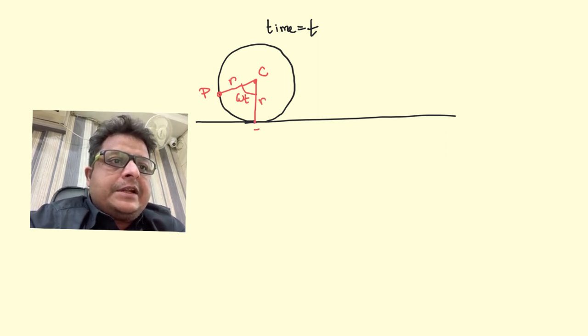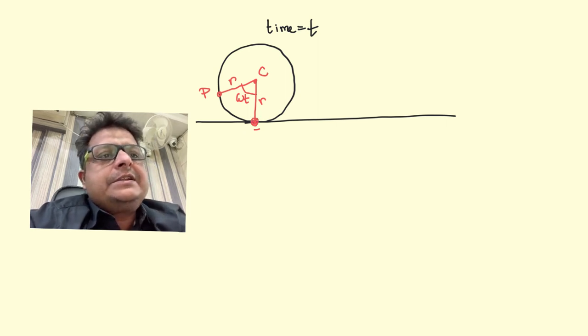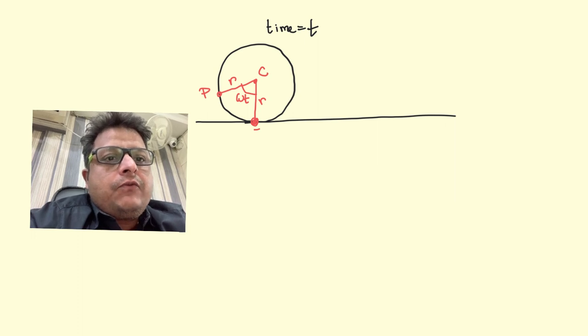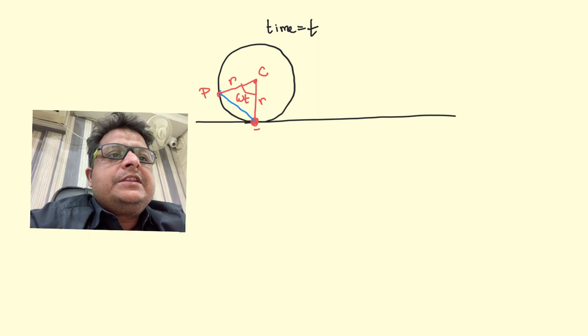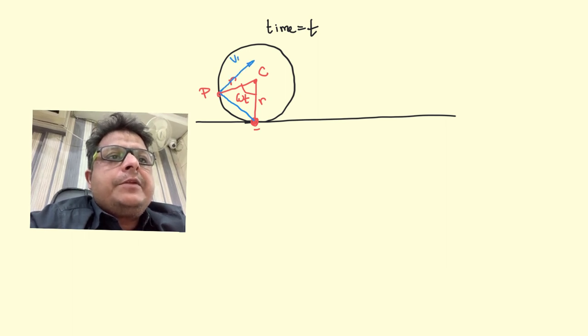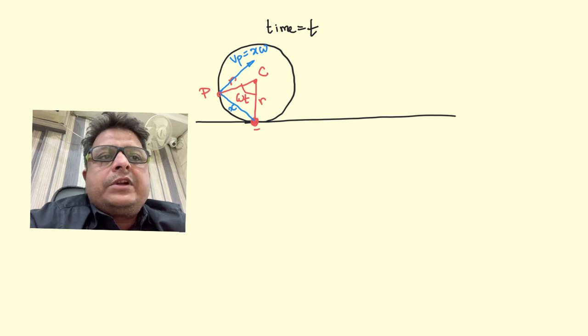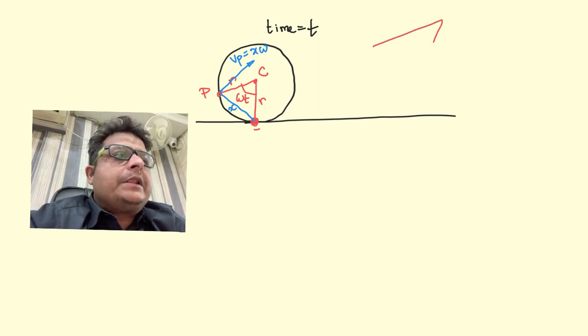So this point is the instantaneous axis. Through this point passes the instantaneous axis of rotation, and to find the velocity of the point P at this moment, we have to join this blue line, and perpendicular to the blue line is the velocity of the point P, Vp equal to x omega. Let us write this length as x. Now what is x? You can find x like this. So that's a triangle with sides r and r, and angle omega t.